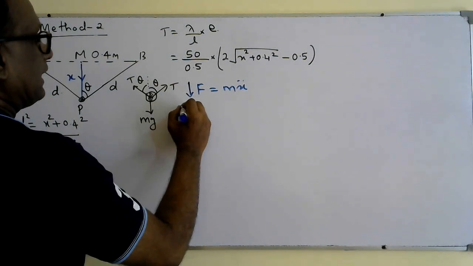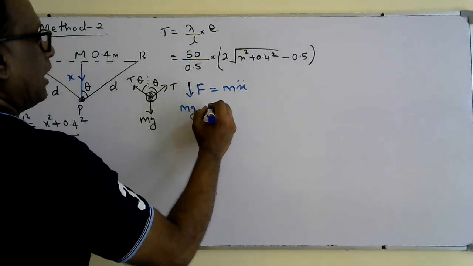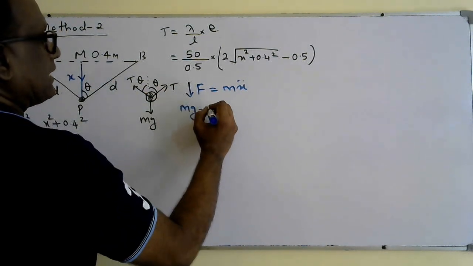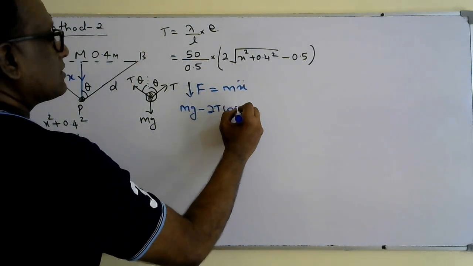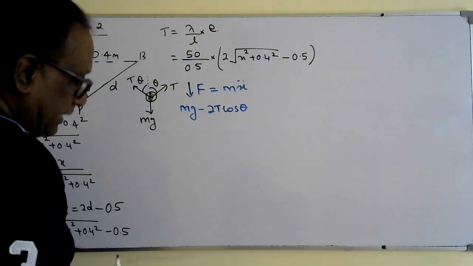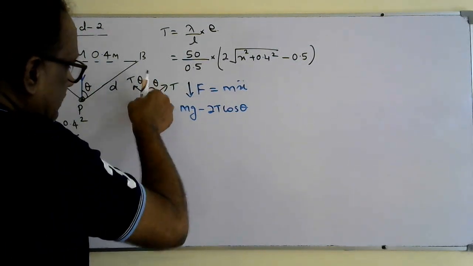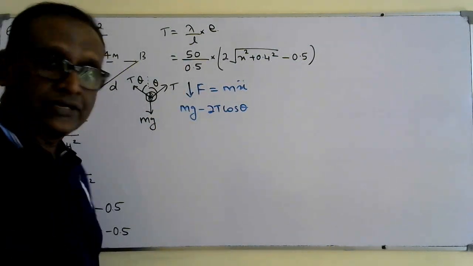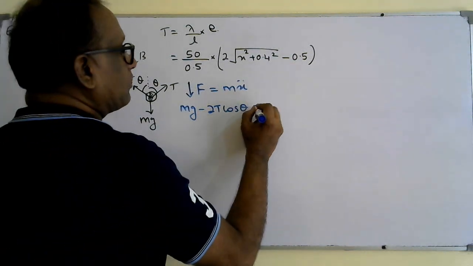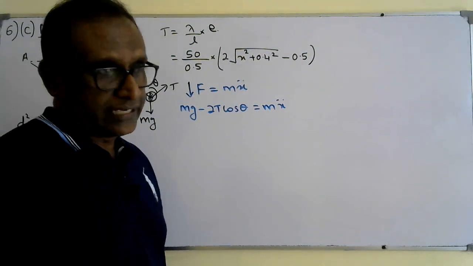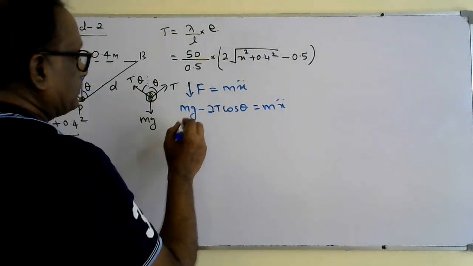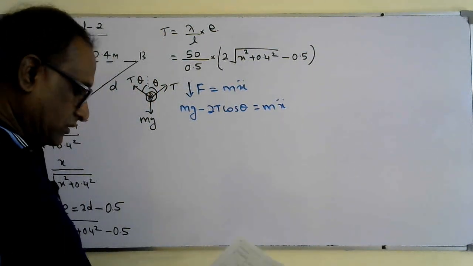F means mg minus T cos theta. Both T cos theta components are pointing up, so I shortly wrote 2T cos theta, which is equal to m x double dot. We can change it later to v dv over dx. Okay, so that is mg, we know the mass, we can substitute.